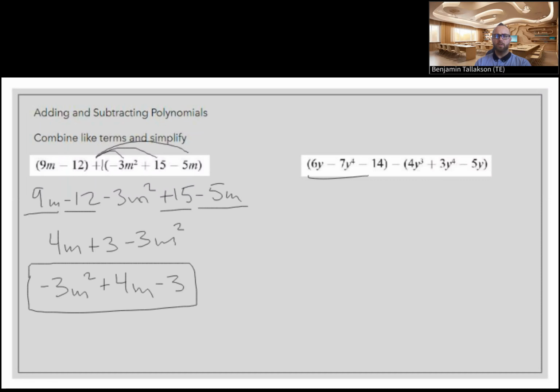The next one, there are 3 terms times 3 terms. Nothing wrong with that. Just a little more work. So distribute that negative 1 to everything. Again, this will not multiply with anything. So we get that again without parentheses.